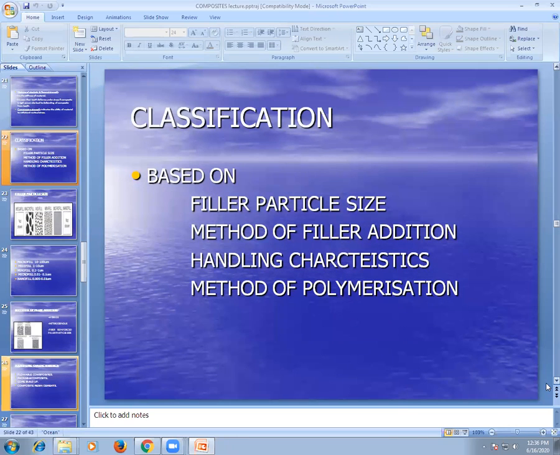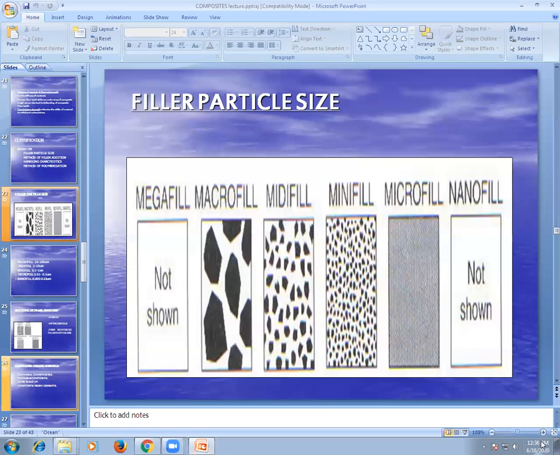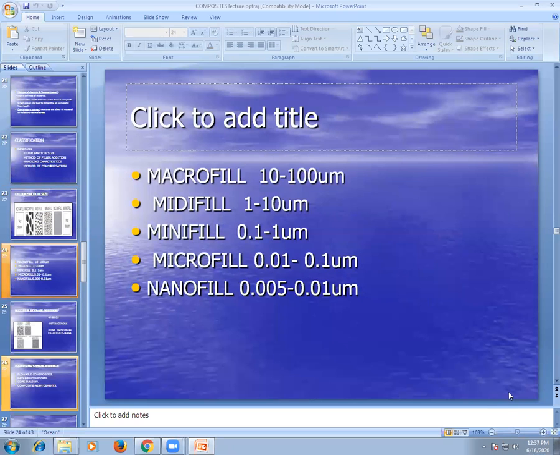But in the case of packable composite, like a posterior composite, the filler size should be larger, or it should have a maximum. Again, the particle size, filler size is megafill, macrofill, midifill, minifill, and nanofill. So all these are regarding this composite.